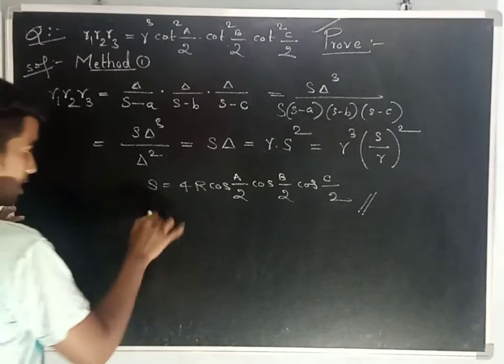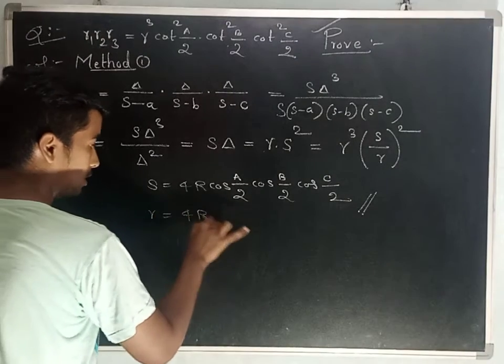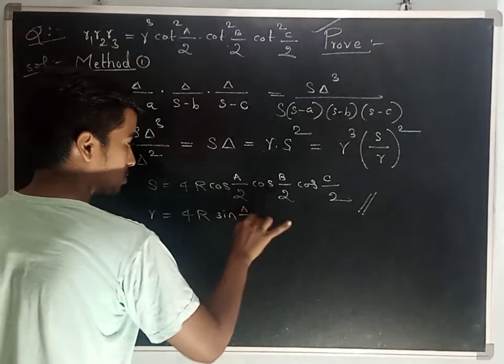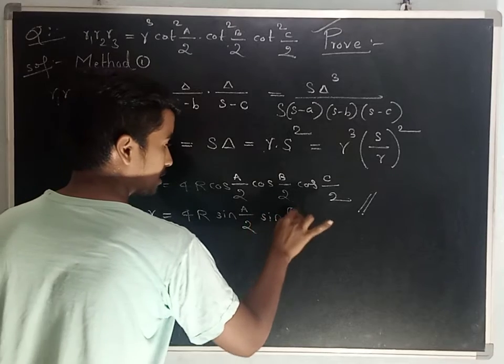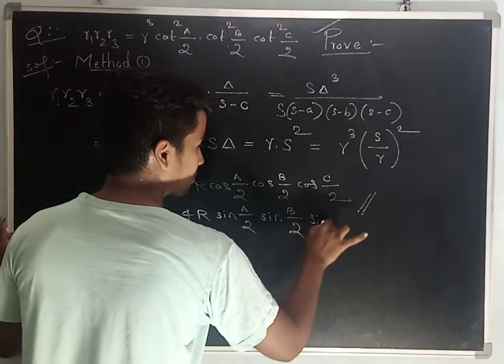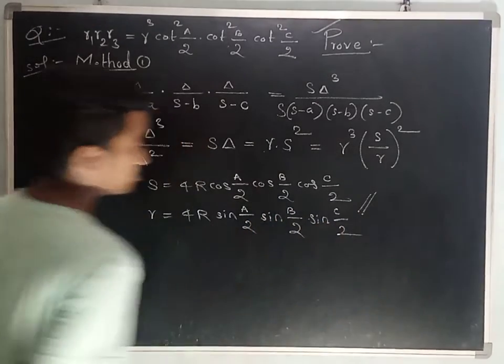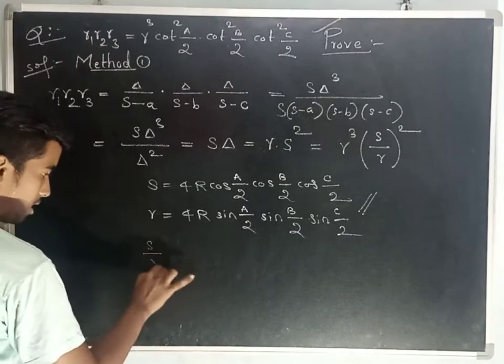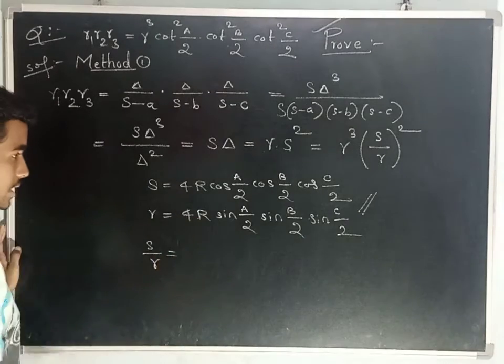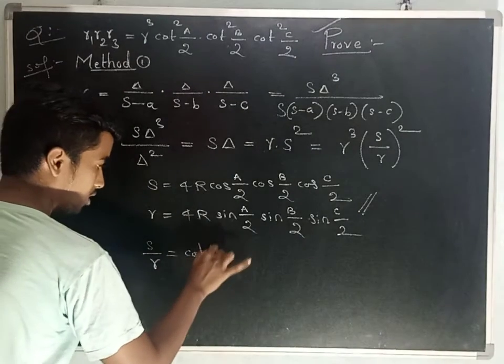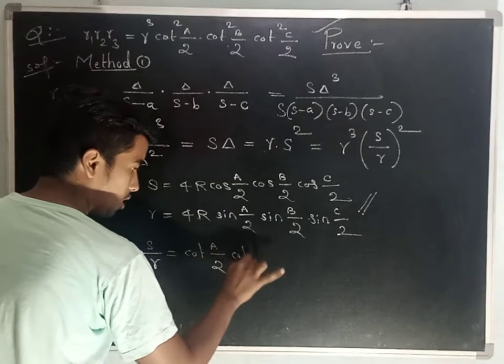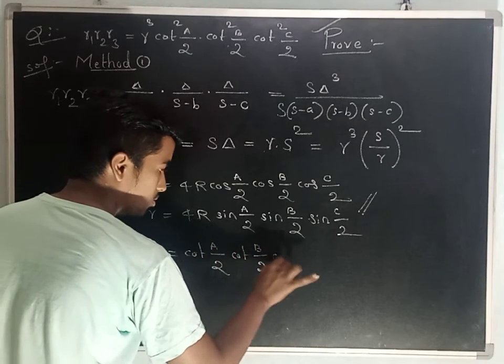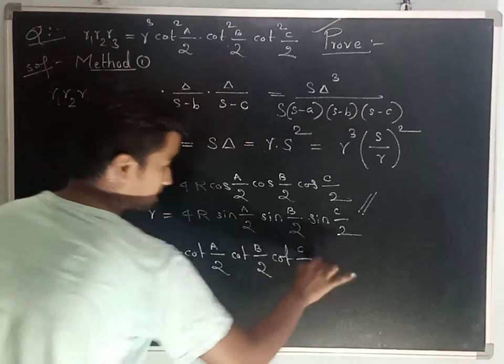And R is going to be 4R sin A by 2, sin B by 2, sin C by 2. In S by R, the 4R gets cancelled, and we get cot A by 2 into cot B by 2 into cot C by 2.